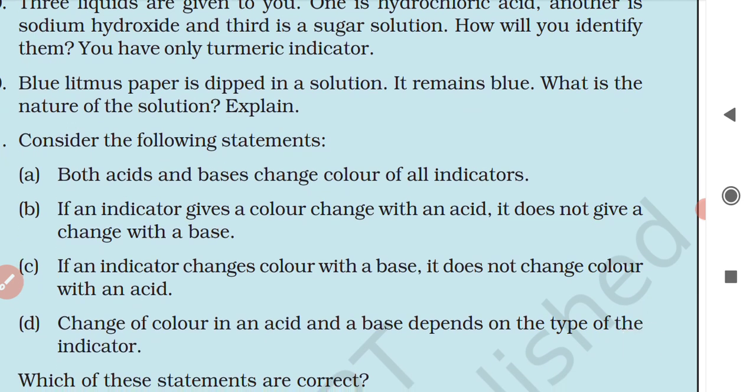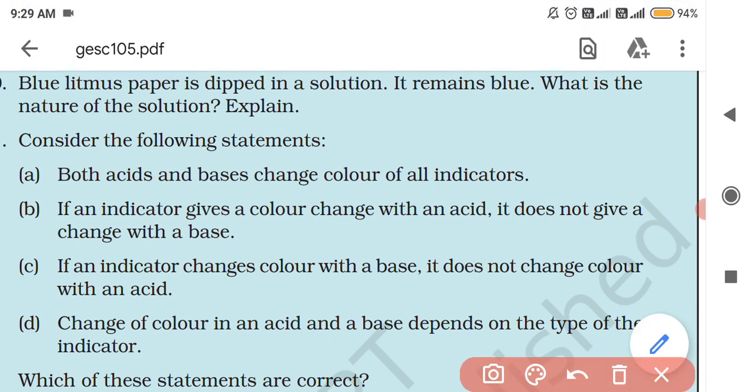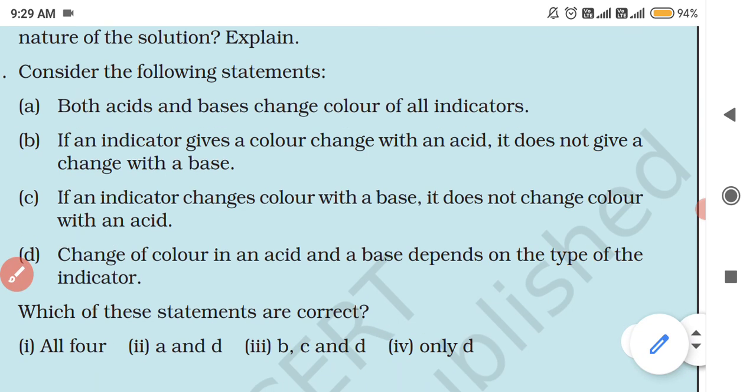So both change the color in case of China rose indicator. So this statement is also incorrect. Next, statement C. If an indicator changes color with a base, it does not change color with an acid. Same case you can take from China rose indicator only. Both acidic and basic substances show color change in case of China rose indicator. So this is also incorrect.